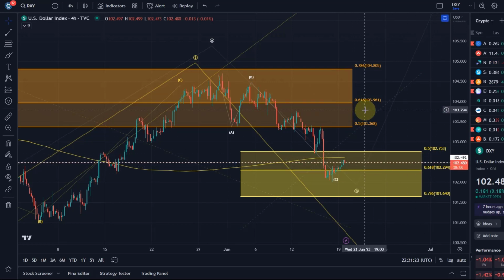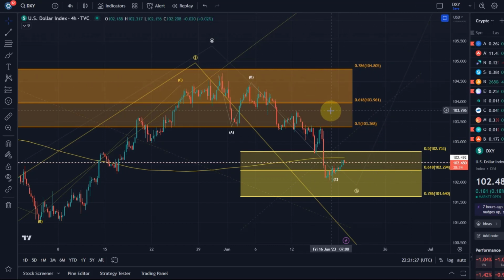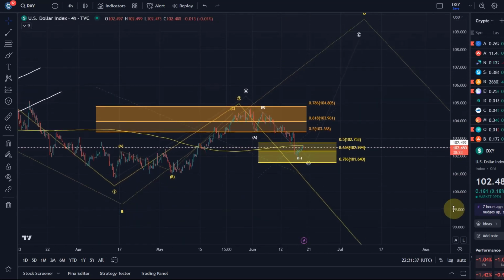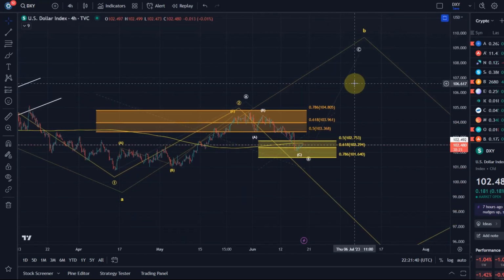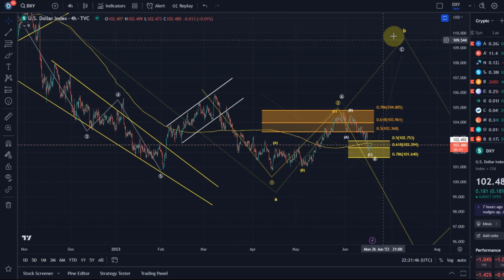To confirm that we are indeed moving higher in a C wave, I would want to see a break above the $103.76 level here. A break above that would, in my opinion, confirm to a certain degree that the C wave is running. So this is really the relevant level down here, 101.64. So that should all be clear now.